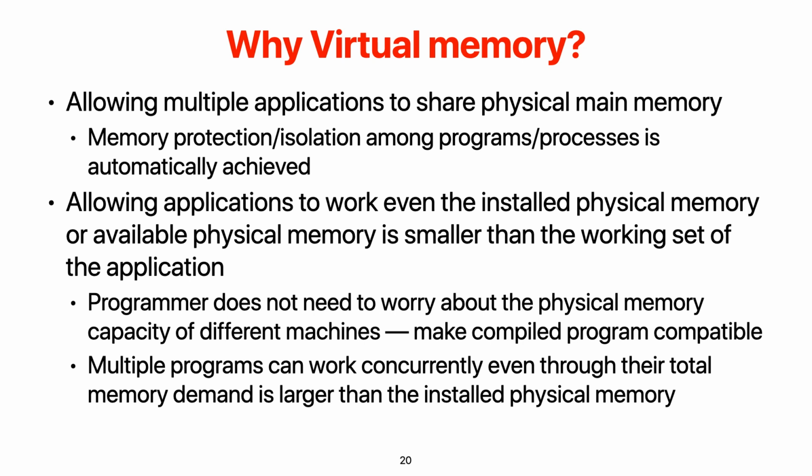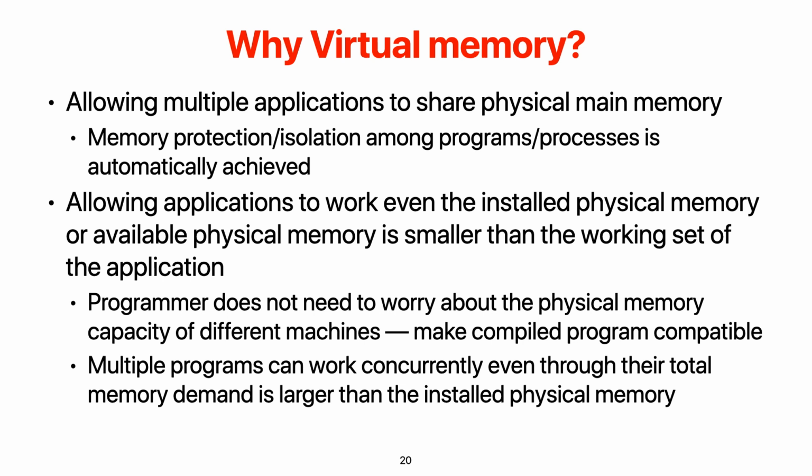The second thing is that an application can work even if the installed or available physical memory is smaller than the working set size of the application. So as a programmer, you don't need to worry about the physical memory capacity of different machines.